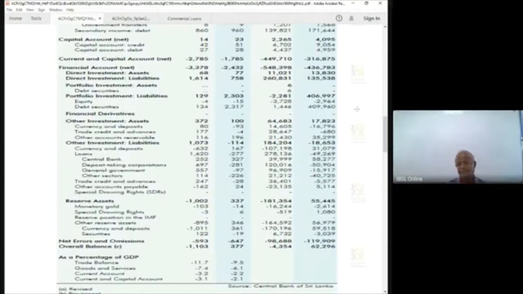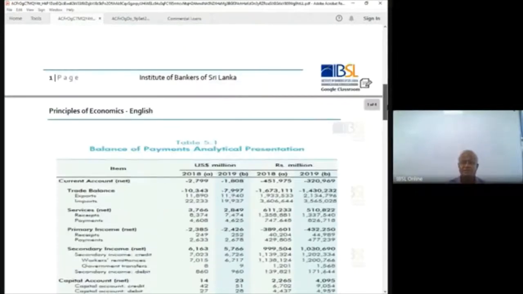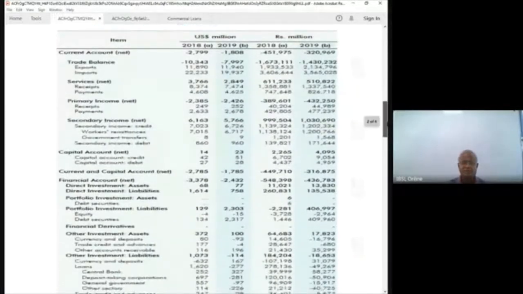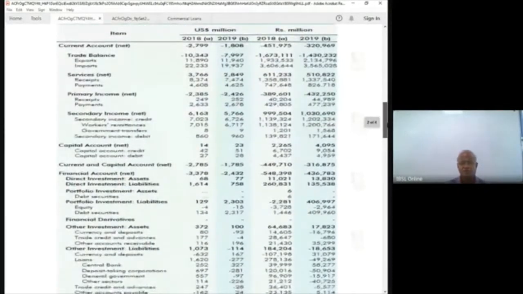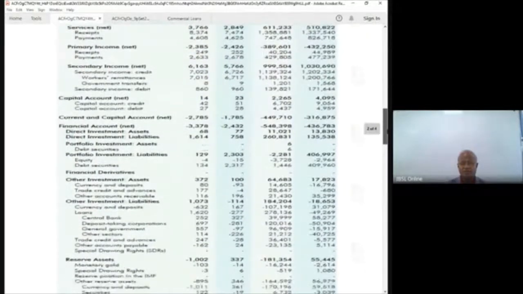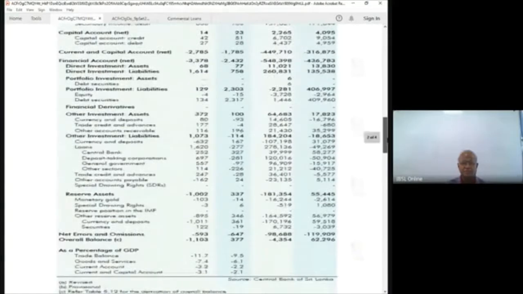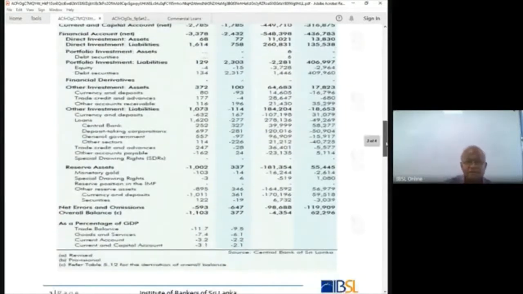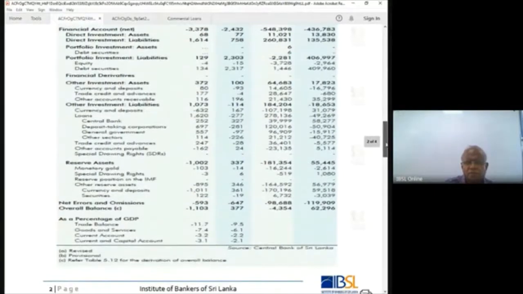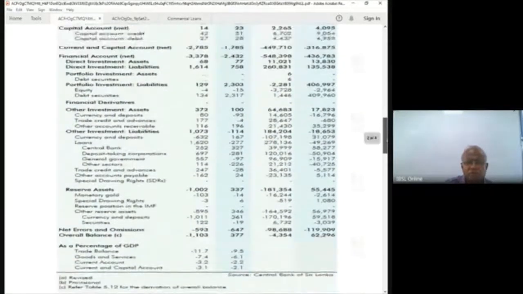Now we'll see why. I am referring to 2019 numbers. The current account has a deficit of minus 1.8 billion. Then the financial account deficit is 2.432. Then you have the surplus of reserve assets, 377. You have to add these reserve assets coming in to the financial account.